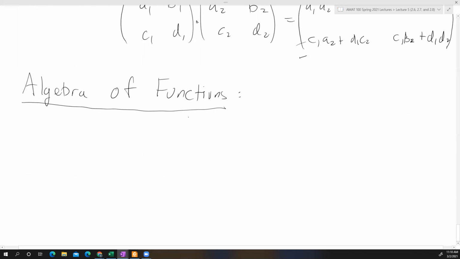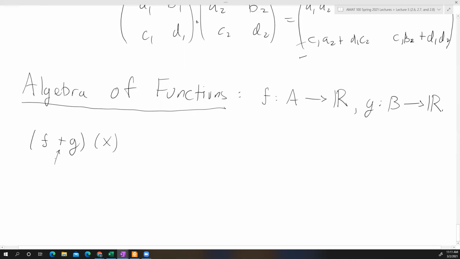but I'll just write all of them out. So suppose we have two functions, f, which goes from A to R, where A is some subset of R, and then we have another function g, which goes from B to R. And we want to define things like adding functions.